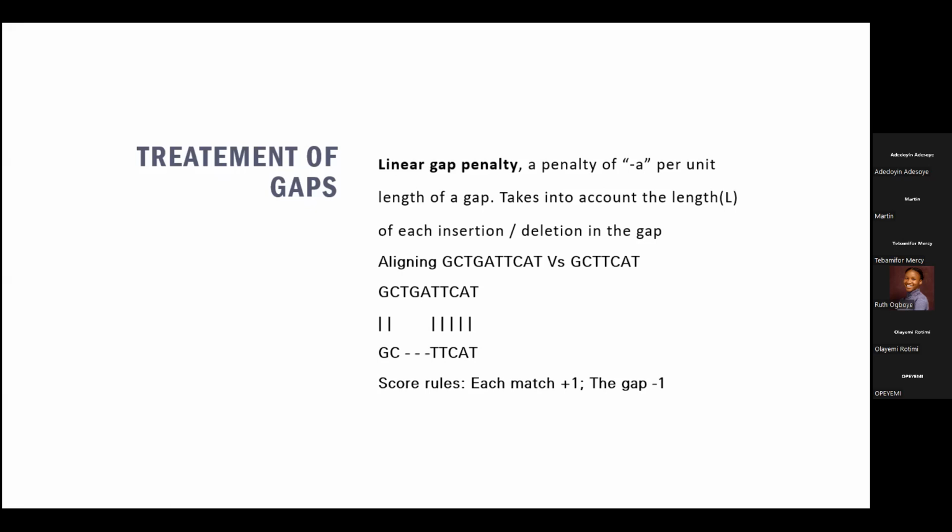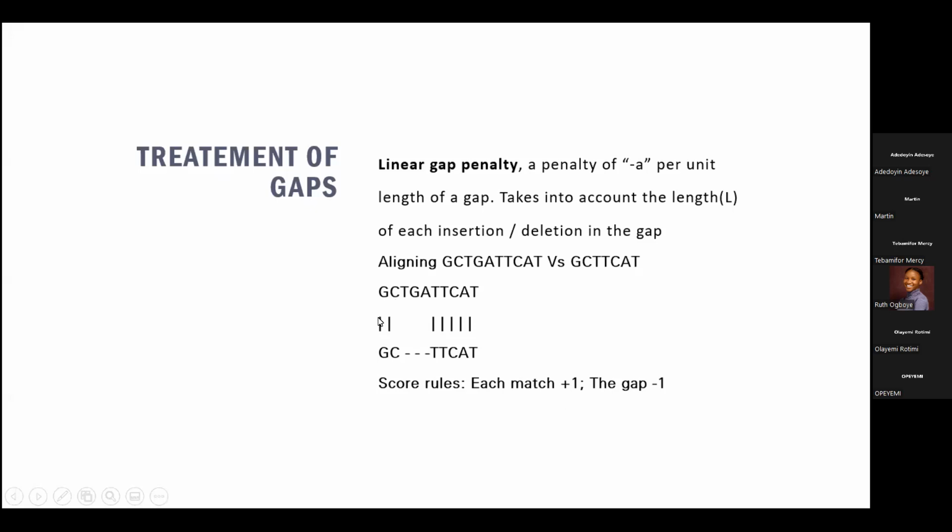Linear gap penalty, you're not calculating it using regions, you're calculating it per gap. For example, if I say the score of a gap is -1 and you have 3 gaps, it is -1 for one gap, -1 for the second gap, that's -2, -1 for the third gap, that's -3. So if we're to calculate this one, each match is +1.